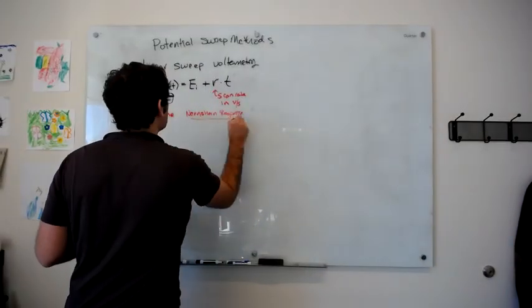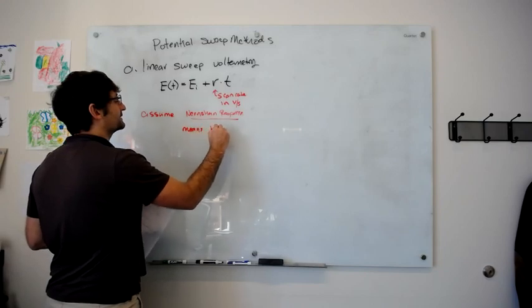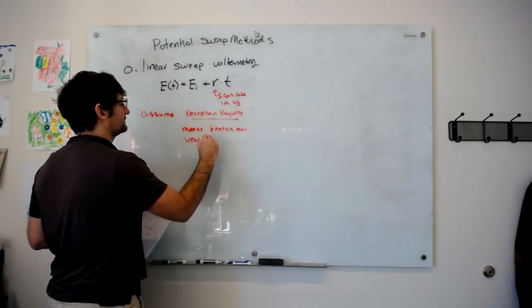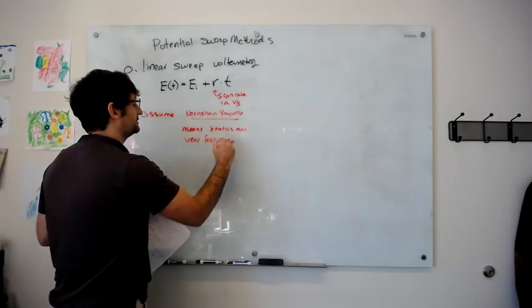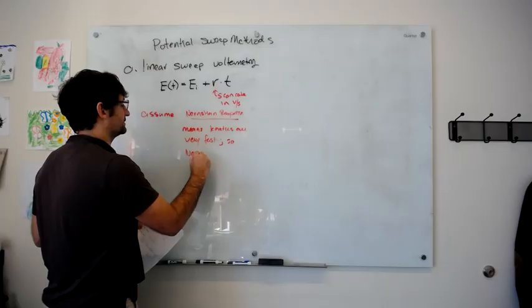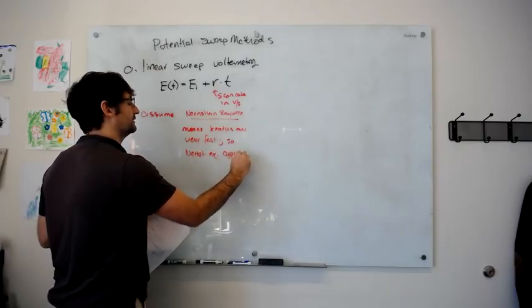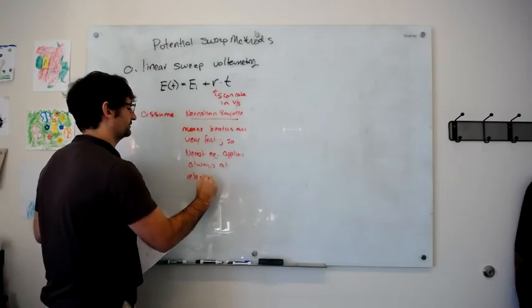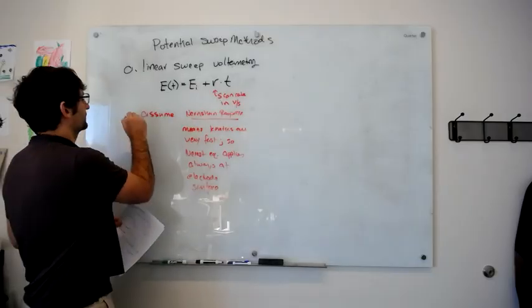And if you have a Nernstian response, it means the kinetics are very fast relative to the current that's being passed. So the Nernst equation applies always at the electrode surface. Okay? So we're going to assume that.